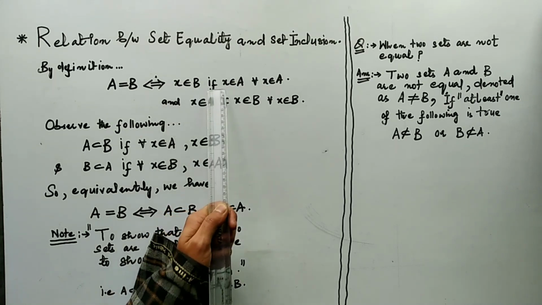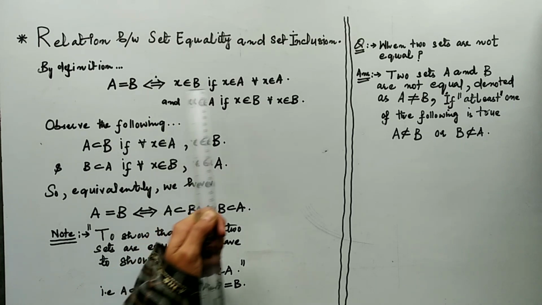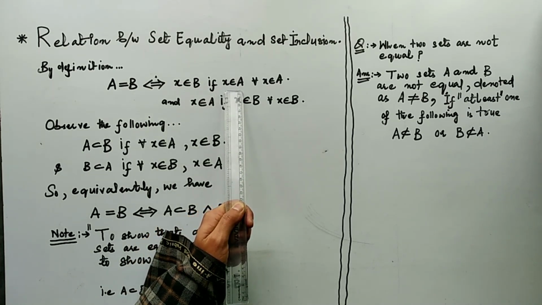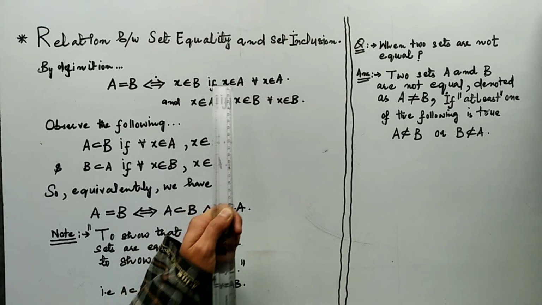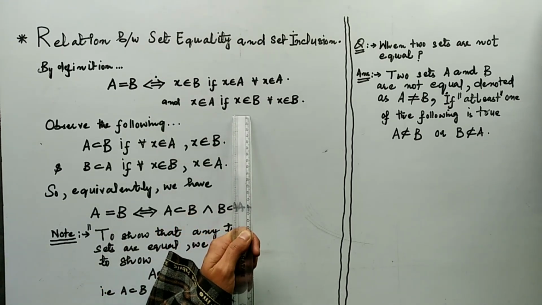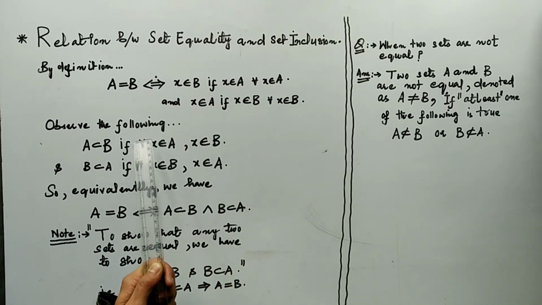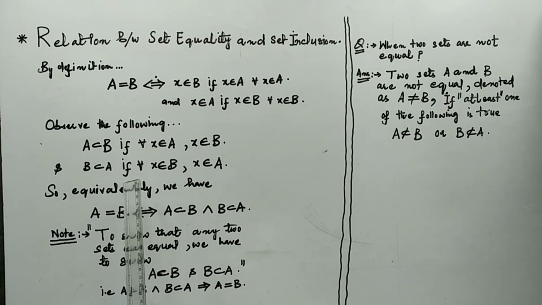So this is nothing but this notation. Every element of A is also an element of B, it means that A is the subset of B, and every element of B is also an element of A, it means that B is subset of A.